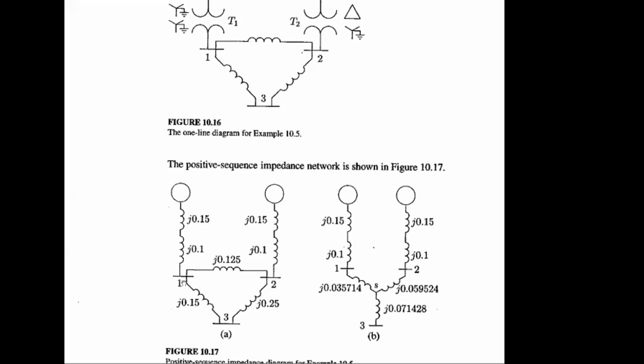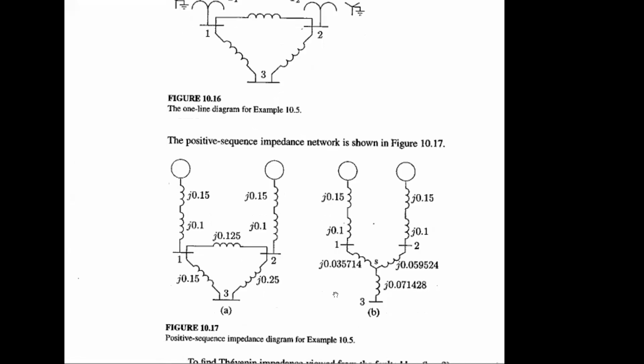That means using this to convert this delta to its equivalent Y. Can you find this information by multiplying these two and dividing by all three? Multiply the two and divide by the summation of all three.